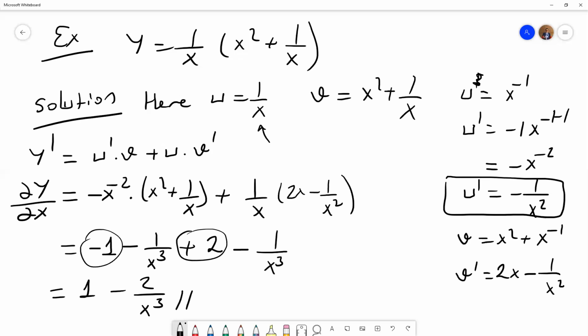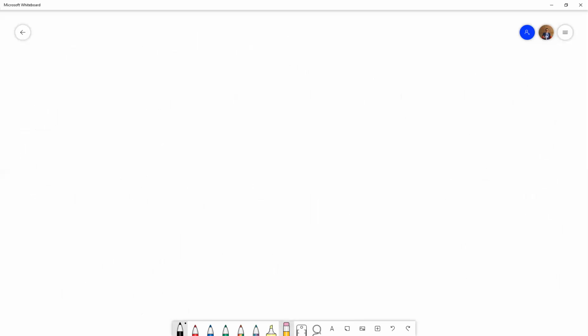And next one. From here, we understand that this is the derivative of the function of the formulation also. They are same.